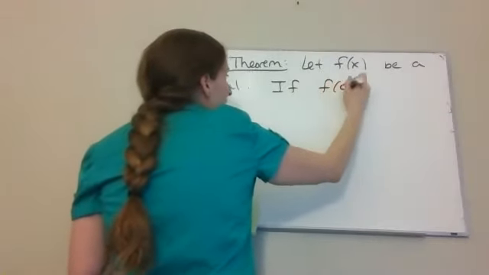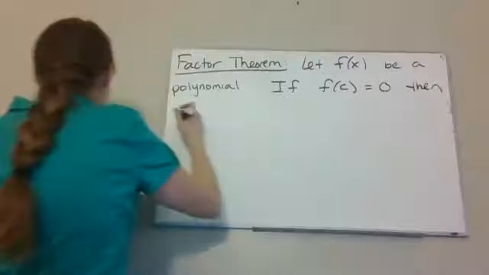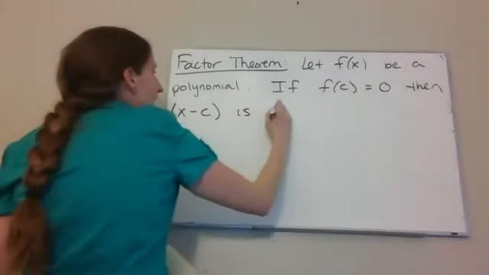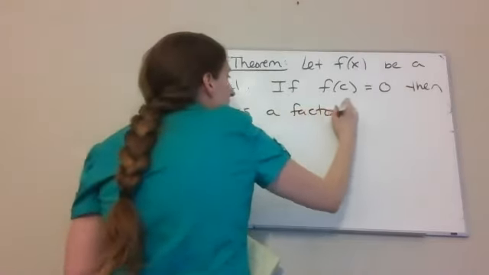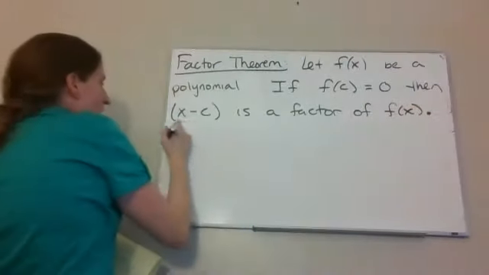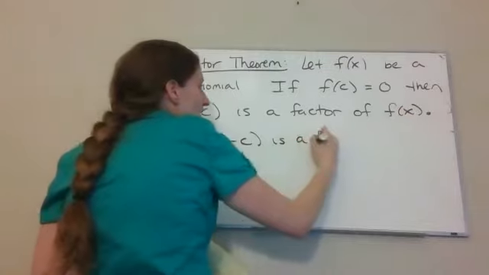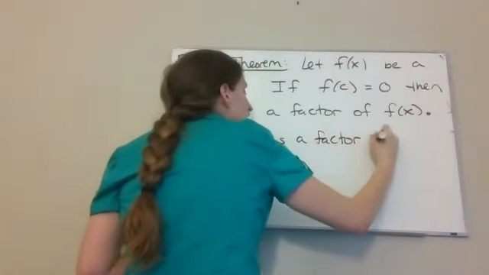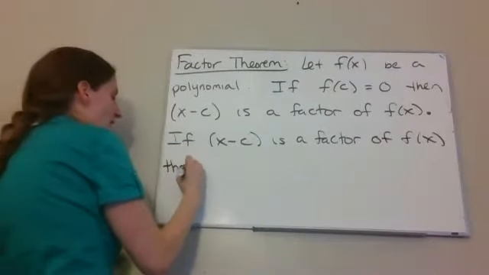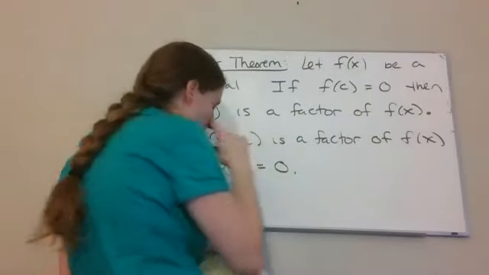If f of c equals 0, then x minus c is a factor of f of x. And also, if x minus c is a factor of f of x, then f of c is equal to 0.